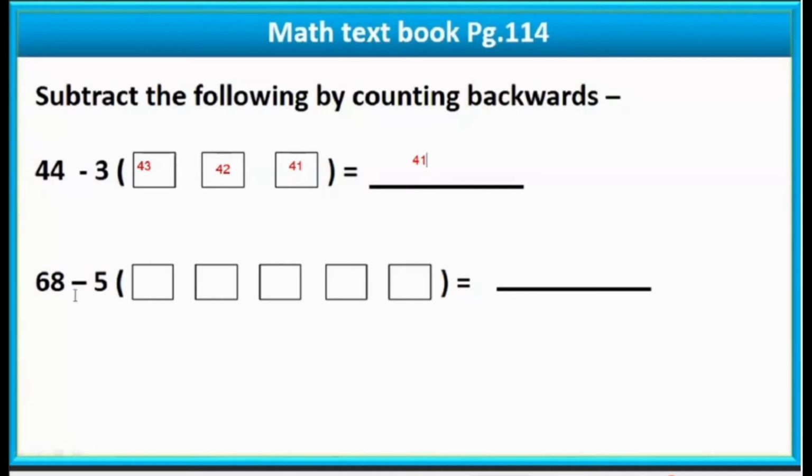Yes, 68 minus 5. Okay, since we have a single digit number after the minus, we are going to do it easily with the mind calculation. So 68 in the mind, 5 in the finger.